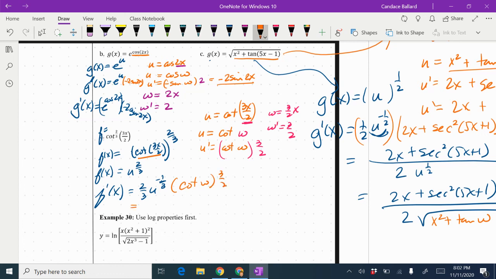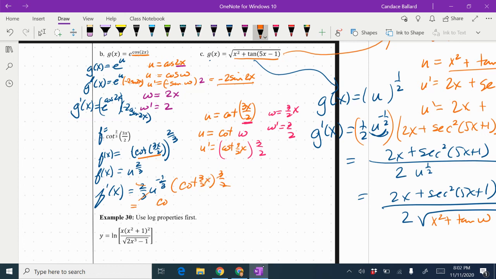So I'm going to do a little bit of simplifying. I noticed that my 2/3 and my 3/2 are actually going to cancel. I also noticed this -1/3 power is going to go to the denominator. I never substituted my w back in, did I? So this really should have been 3/2 x. So let's fix that here too.